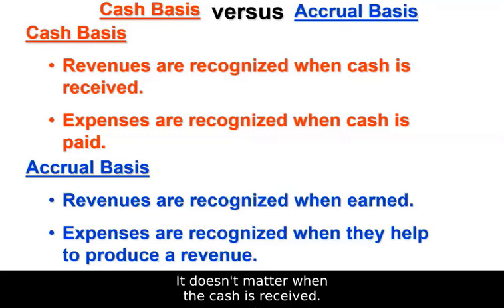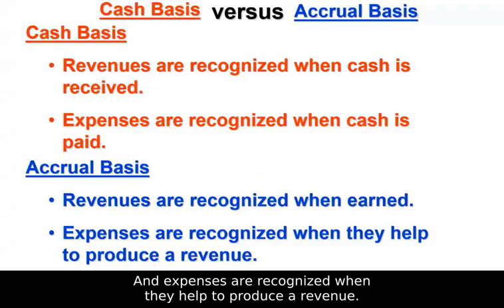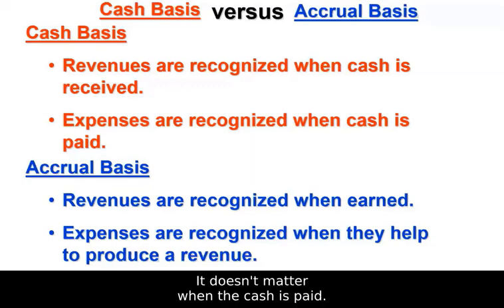It doesn't matter when the cash is received. And expenses are recognized when they help to produce a revenue. It doesn't matter when the cash is paid. So tonight, you're going to learn how to convert from cash basis to accrual basis.